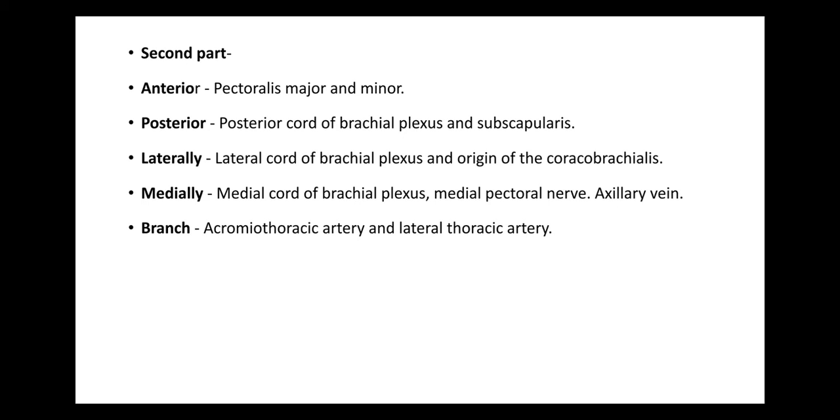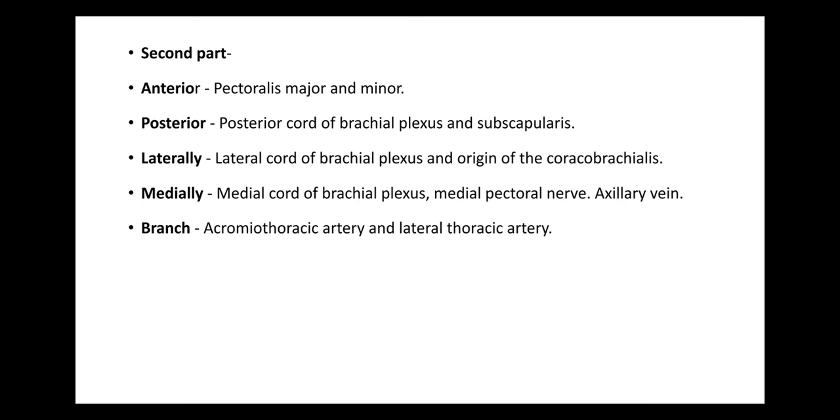Second part of the axillary artery. Anteriorly, pectoralis major and minor muscles. Posteriorly, posterior cord of brachial plexus and subscapularis. Laterally, lateral cord of brachial plexus and origin of the coracobrachialis.